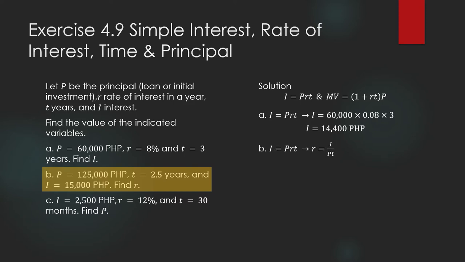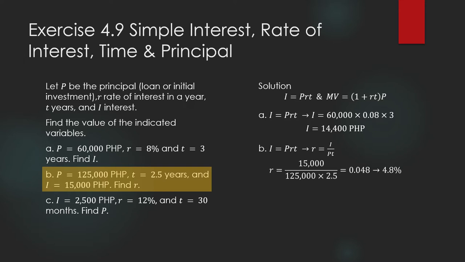This is our working equation. I is equal to P times R times T. To solve for R, we divide our equation by P times T. And that will give us this. R is equal to I over P times T. R is equal to the interest, which is 15,000 pesos, divided by the principal times the number of years.